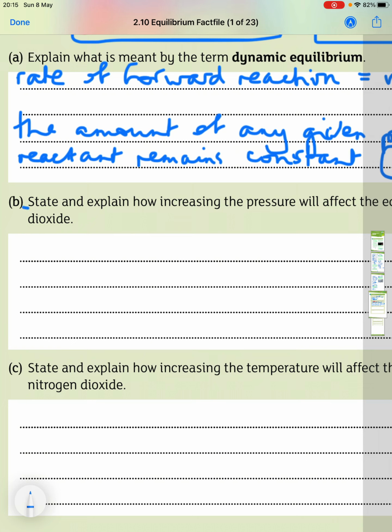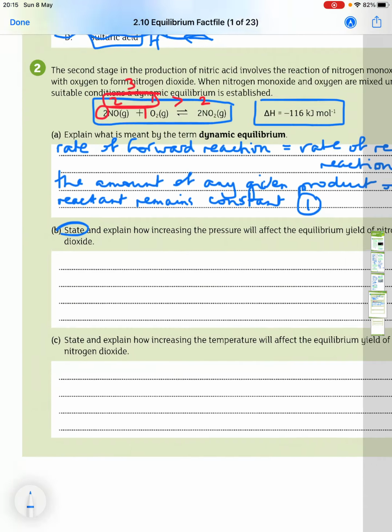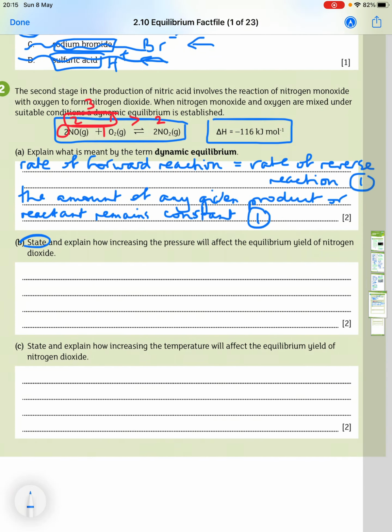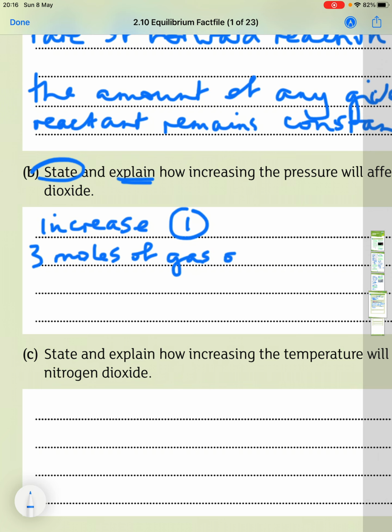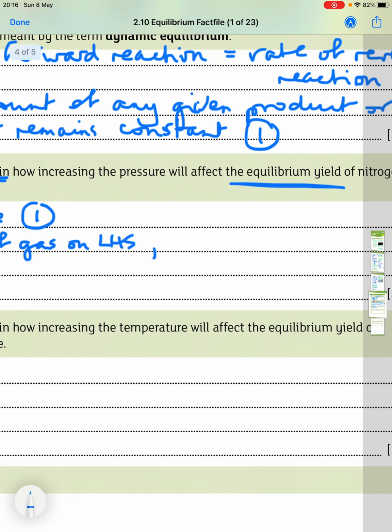So stating it first, it's asking how it will affect the equilibrium yield. Okay, so it's going to increase. So that's 1 mark for stating. And then our second marks are for explain. So we could say we have 3 moles of gas on the left-hand side and 2 moles on the right-hand side.